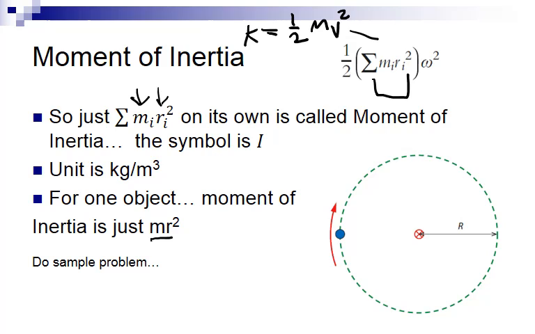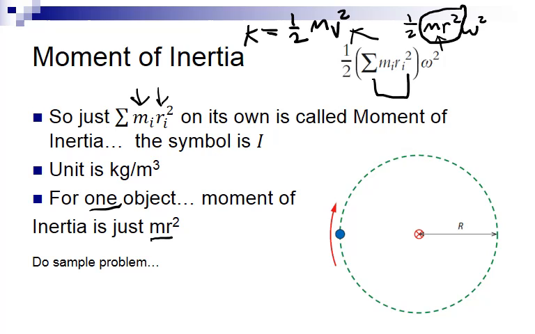In place of v, we put in omega r, so r squared omega squared. So we have 1/2 m r squared omega squared, and therefore the moment of inertia is just this middle portion. If there's just one object, you just have one mass here, and we've got that.